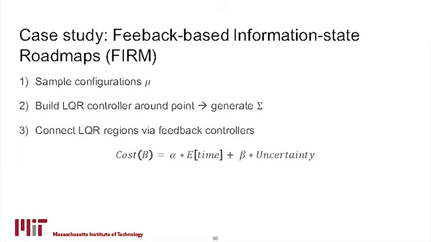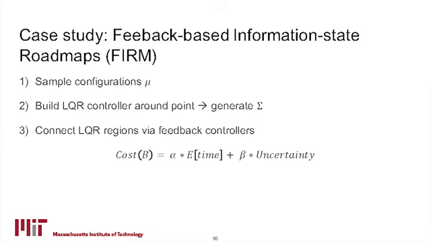Right? So LQR controllers, if you don't know, they're really nice. In a small region around a point, they can drive a quadrotor, for example, to that configuration. And so if you build these LQR controllers around points, you can say, all right, anytime I end up in this cloud in the belief space, so any sort of distribution, I can bring it back to that mean.